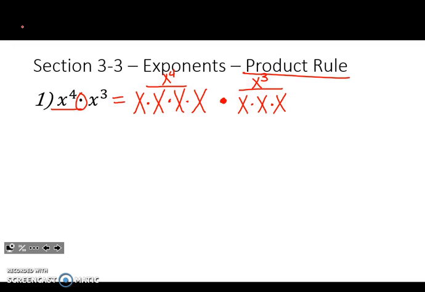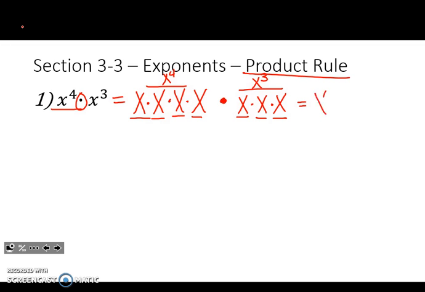So in order to simplify this, since I don't know what x is, it's kind of like combining like terms. How many x's do I now have that are being multiplied times each other? I have 1, 2, 3, 4, 5, 6, 7. So now I have 7 x's that are being multiplied times each other.